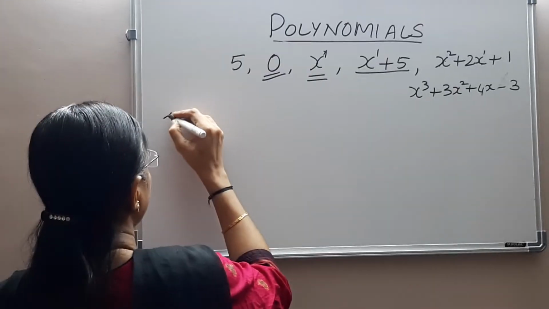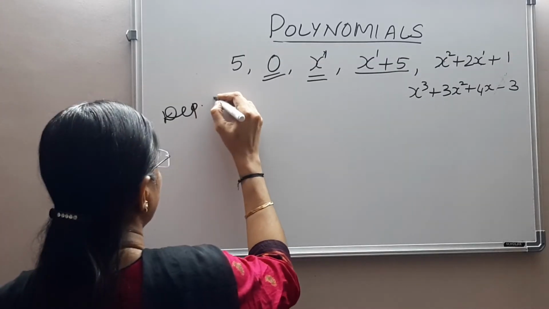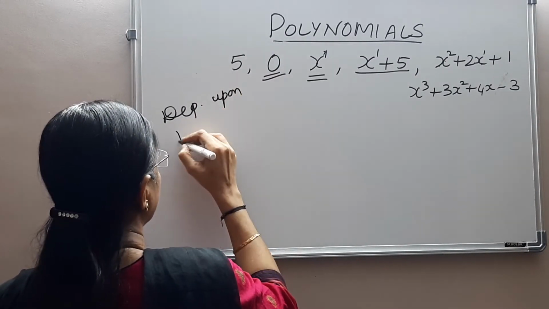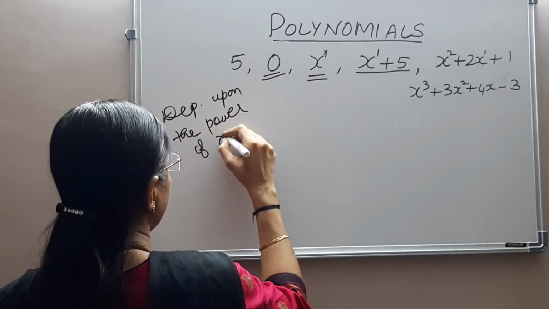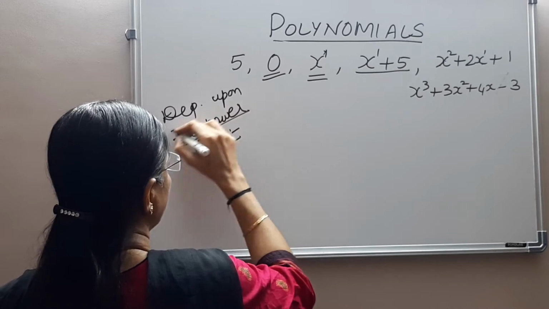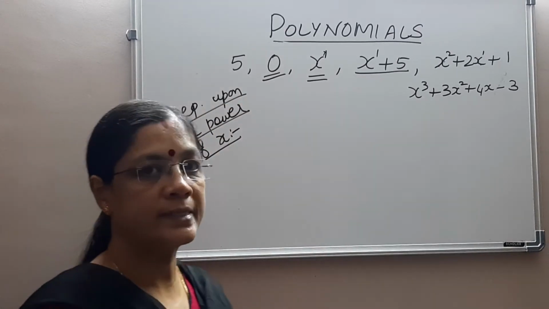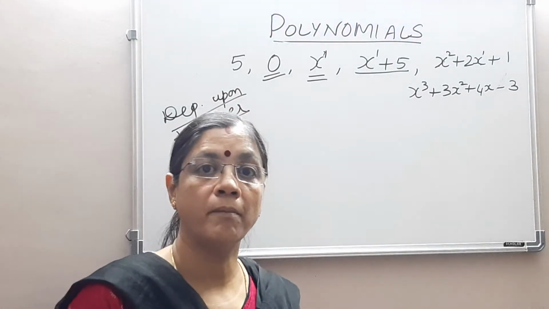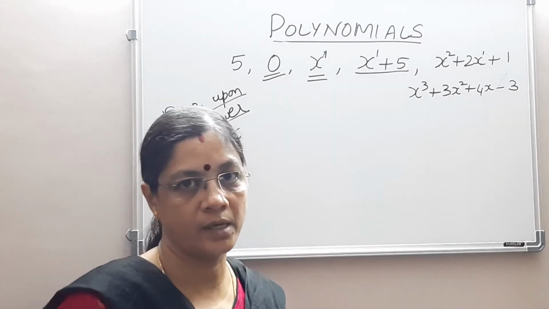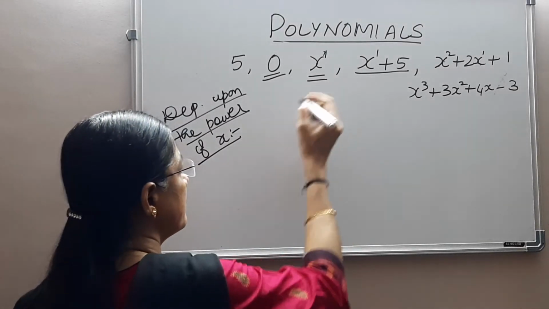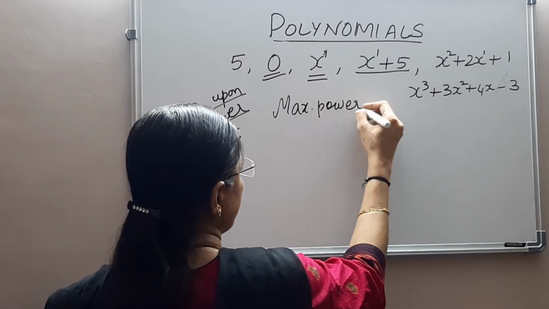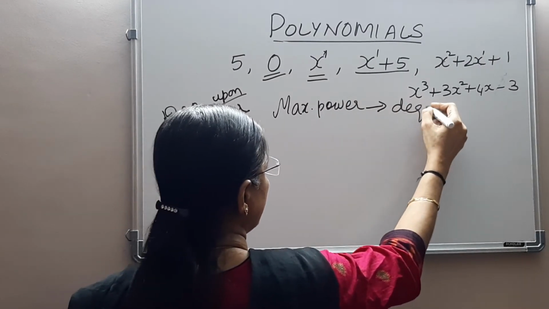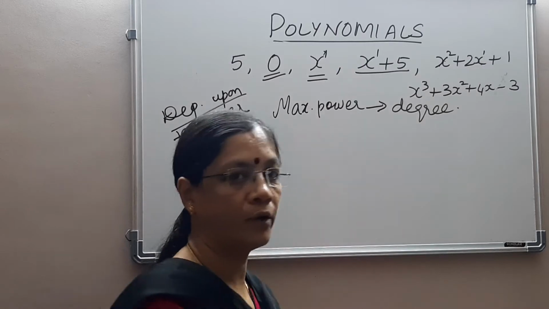That is, depending upon the power of x, we need to see the maximum power in the expression. So what is the maximum power in the expression called? The maximum power is called the degree of the expression or degree of the polynomial.